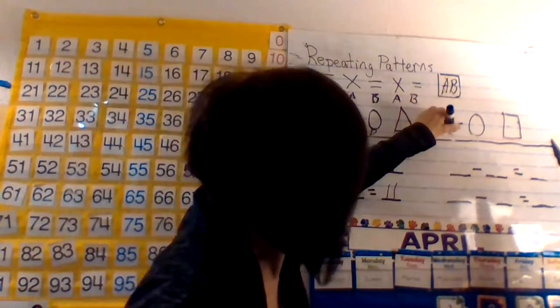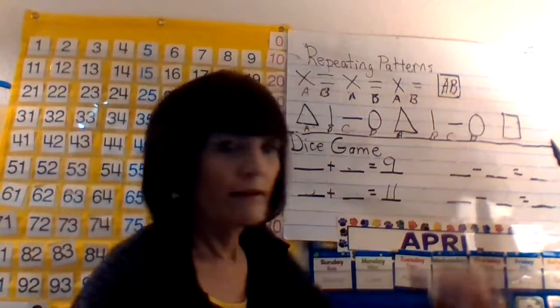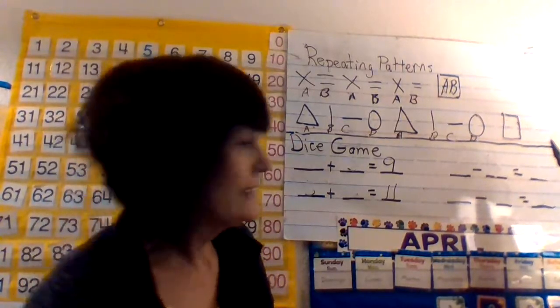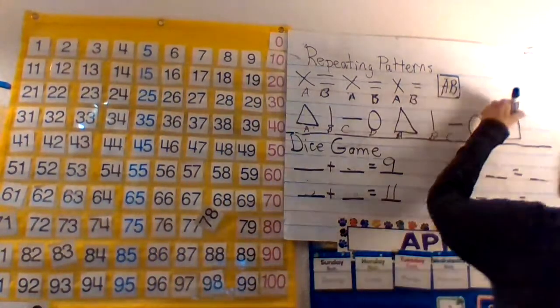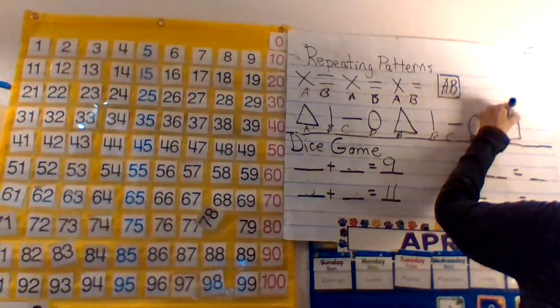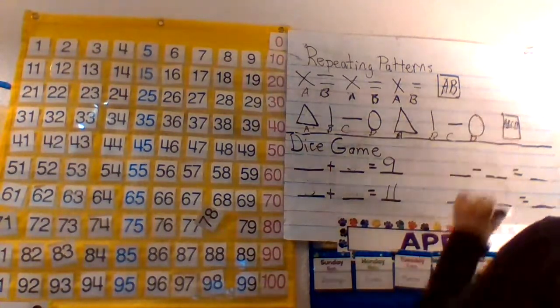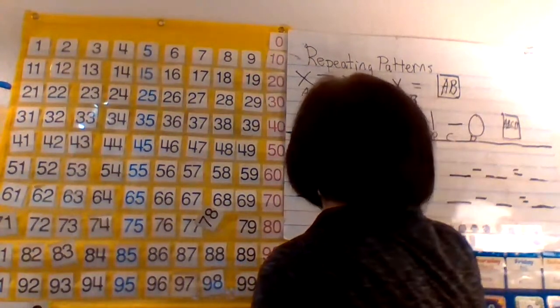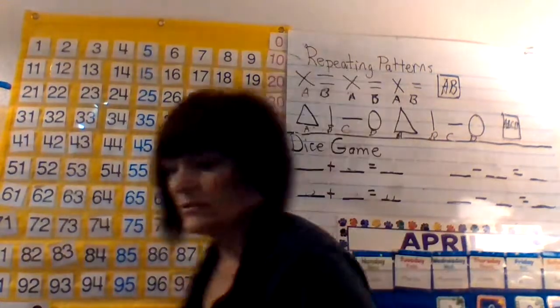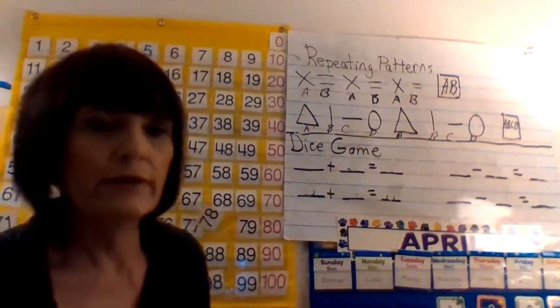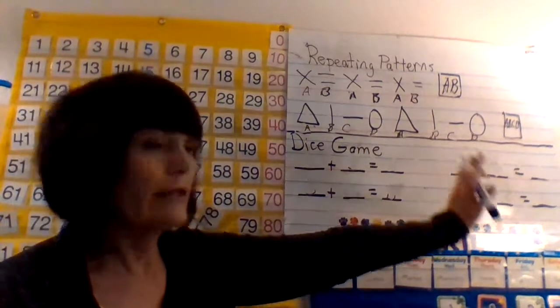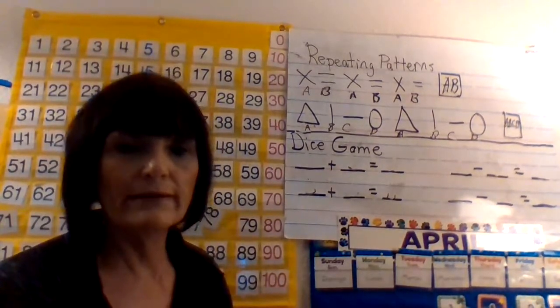B. C. D. An A, B, C, D pattern. That's a long one. That's a four-part pattern. Wow, that was a really good pattern. If I had more room, I could keep going, clear across into my living room. That'd be pretty crazy.